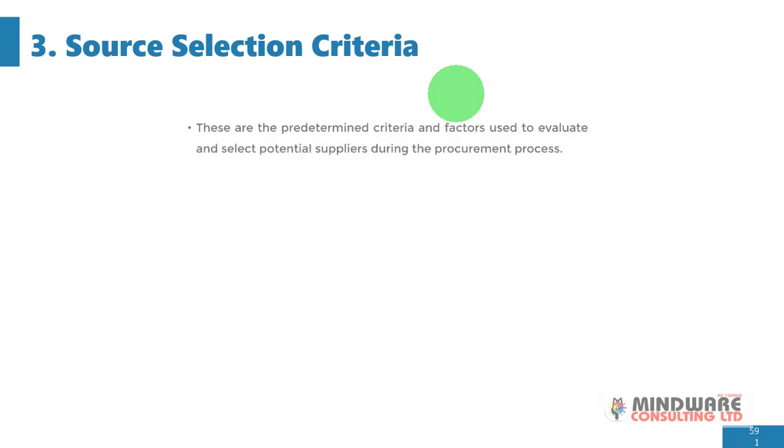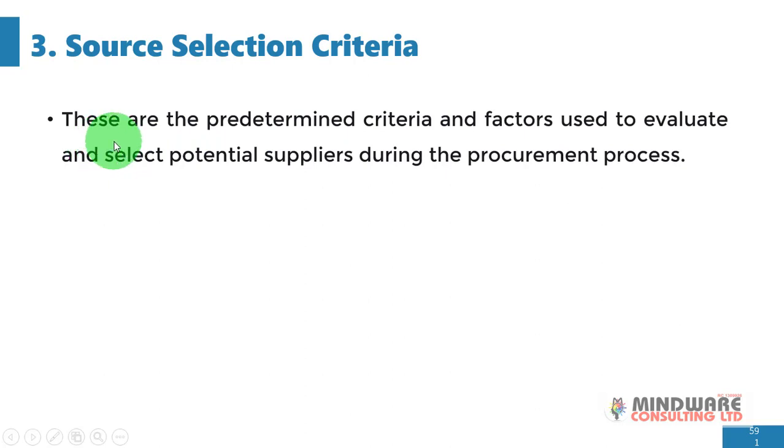Now, number 3 is the source selection criteria. This is another important concept as far as project procurement management is concerned. Now, it involves predetermined criteria and factors used to evaluate and select potential suppliers during the procurement processes. All right, so how do you now select the vendors?